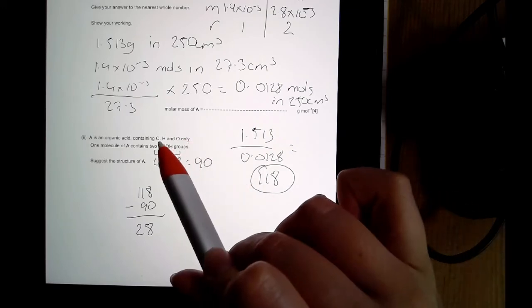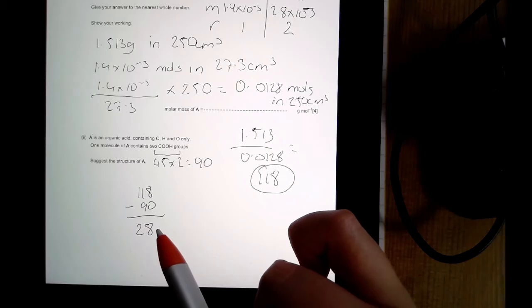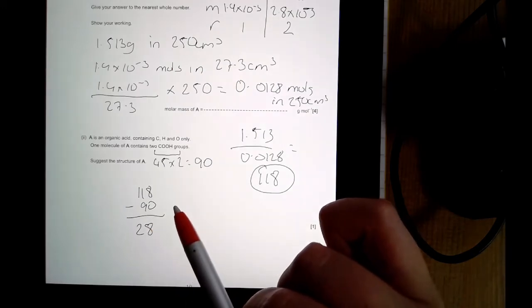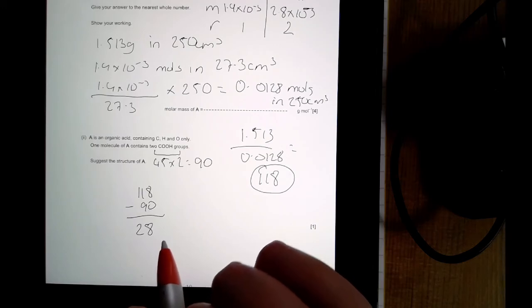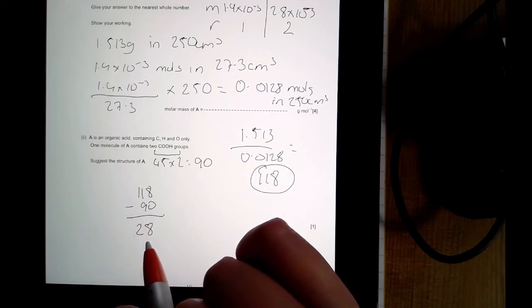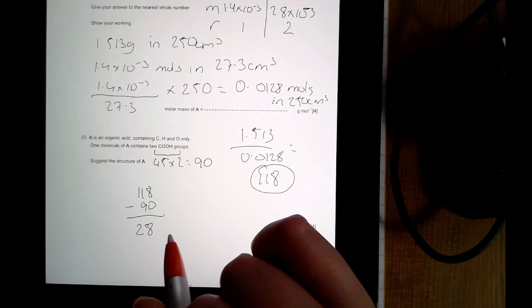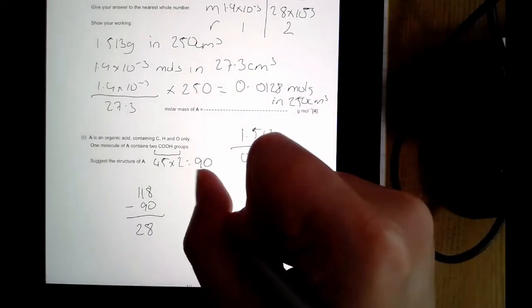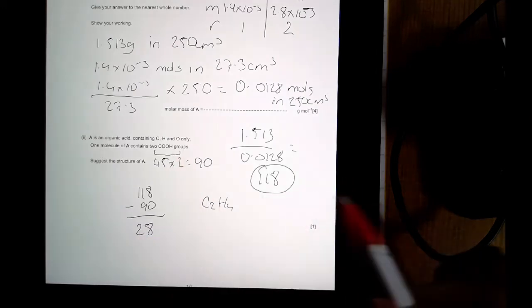They tell you that this acid only contains carbon, hydrogen and oxygen. So of the 28 that you've got remaining, you can assume you've just got carbon and hydrogen in there. The mass of a carbon atom is 12. So how many carbons can you fit if you've got 28 left? 2 carbons will give you a formula mass of 24, and that leaves you 4 short, which would suggest you've got 2 carbons and 4 hydrogens, as well as the 2 carboxylic acid groups.